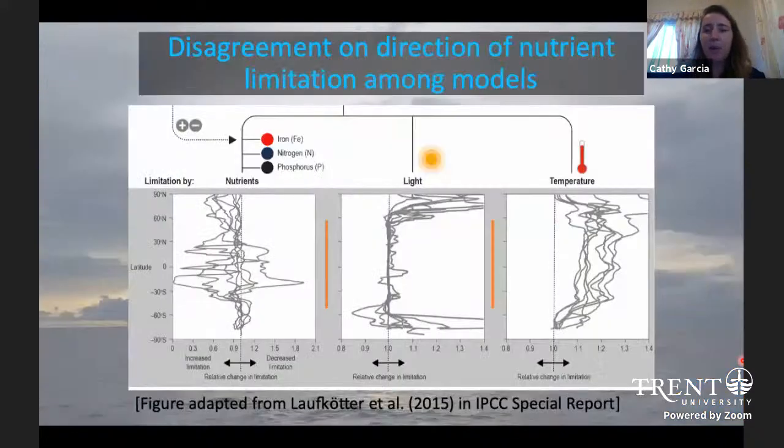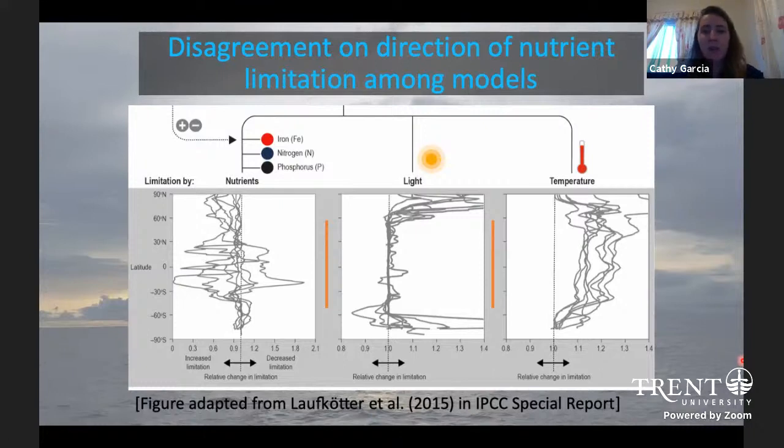So I wanted to pull this up since the IPCC report has gotten a lot of focus recently. This is a figure from a special report in 2019 from a study by Laufkötter et al. in 2015. And what it's showing here is an ensemble of different CESM models. That's what all the different gray lines are. And you can see the effect of nutrients, light, and temperature on limiting net primary production among these different ensemble runs.